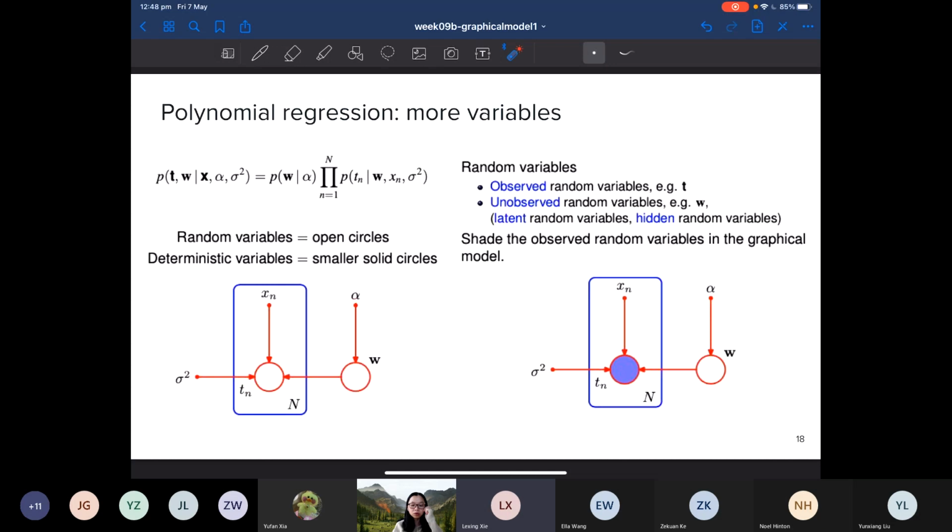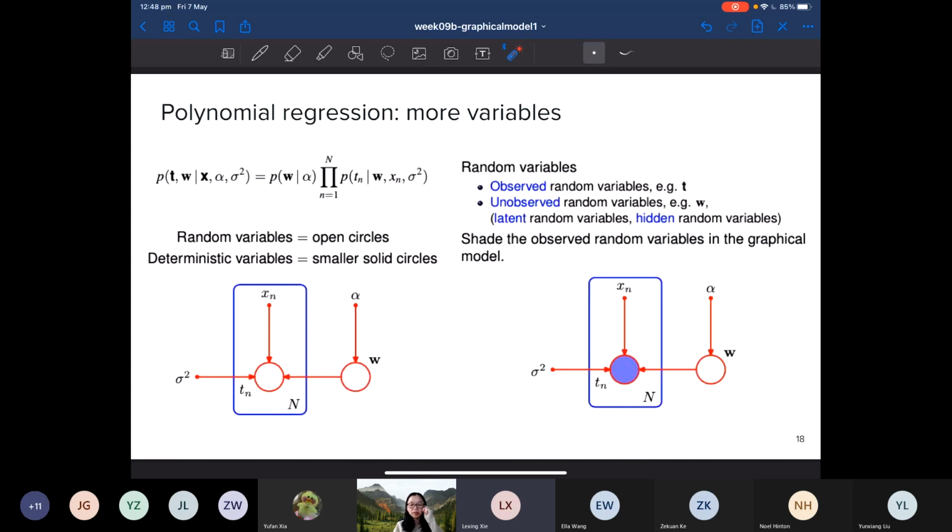So there is a prior or regularization parameter alpha for the W. Inputs are x of n's, and because it's a regression, there is the noise level called sigma squared.